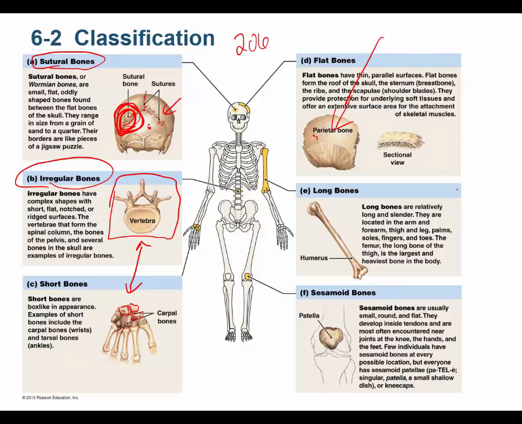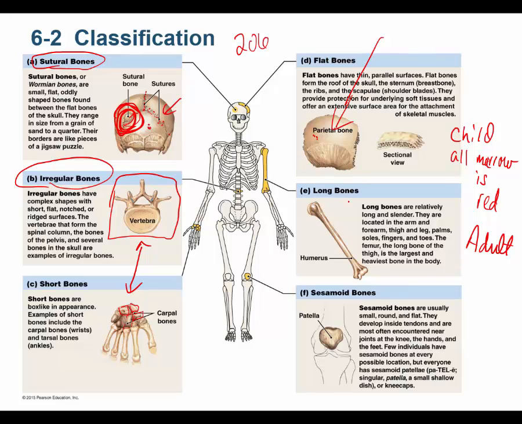And by the way, the importance is this: as a child, all marrow is red marrow. All bone marrow is red, which means all bone marrow is producing blood cells. But as an adult, only the marrow of flat bones produces blood cells.